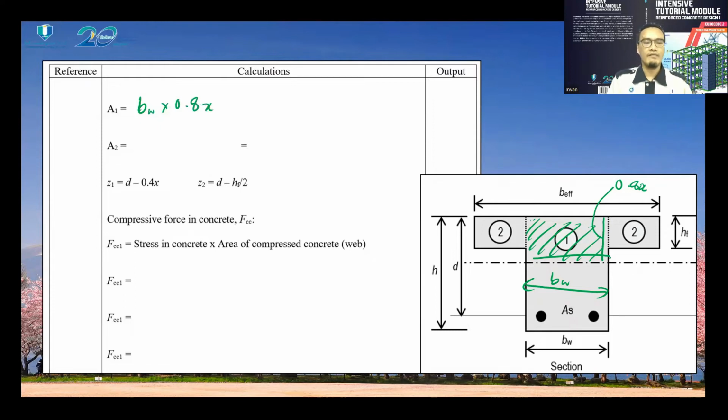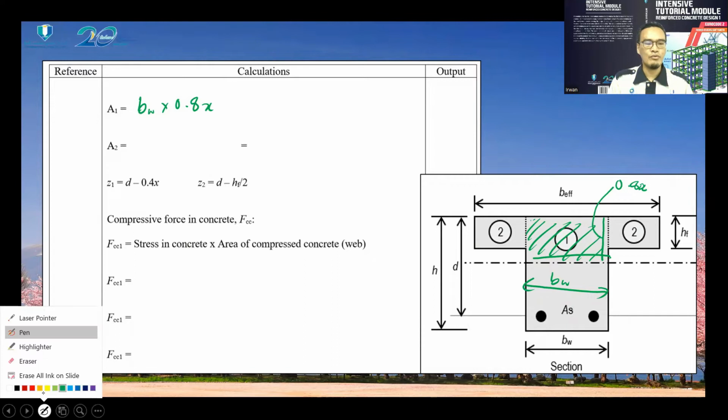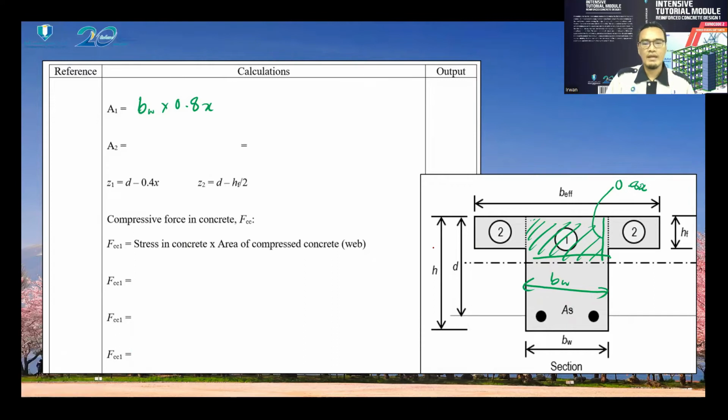Then we have A2. A2 is from the flange. We have the area number 2 for both the left and right sides. Let's say this is b1 and this is b2.